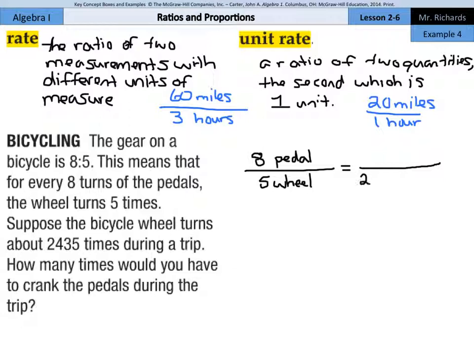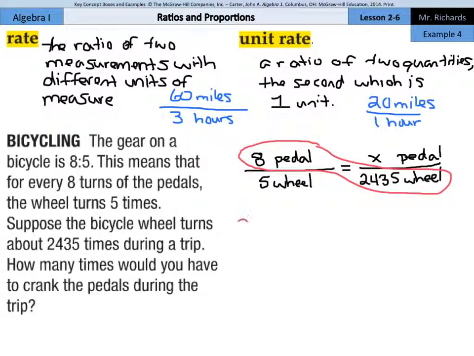So 2,435 wheel turns will go on the bottom so that wheels can match wheels. And then we're going to have our missing pedals. So x pedal turns. And now we get to cross multiply and use cross products to solve the proportion.